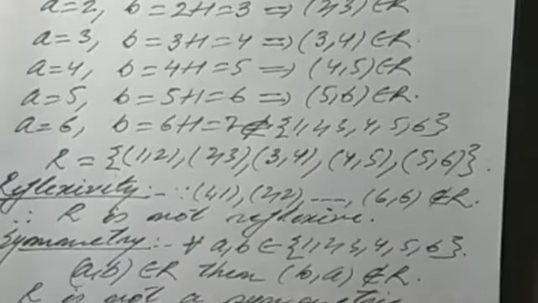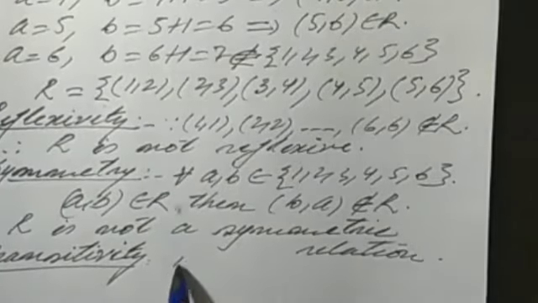So we may check the transitivity of the relation. By the criterion of transitivity, if (1, 2) is there and (2, 3) is there in the relation, there must be (1, 3). So (1, 3) is not contained by the relation, so the criterion of transitivity is violated.